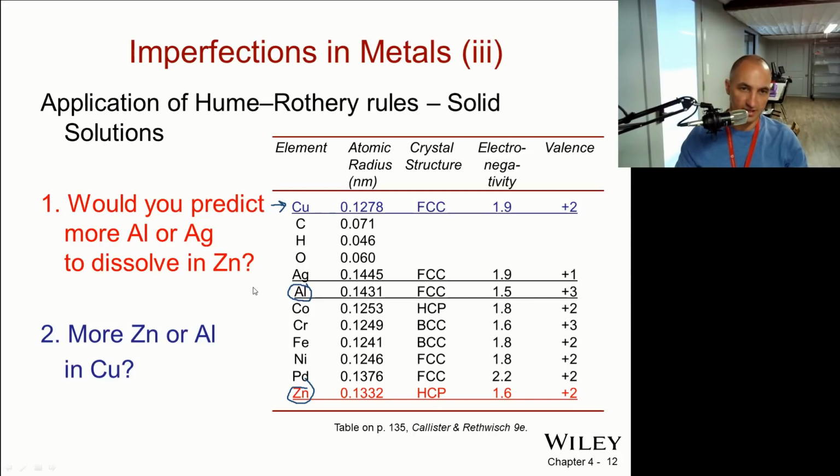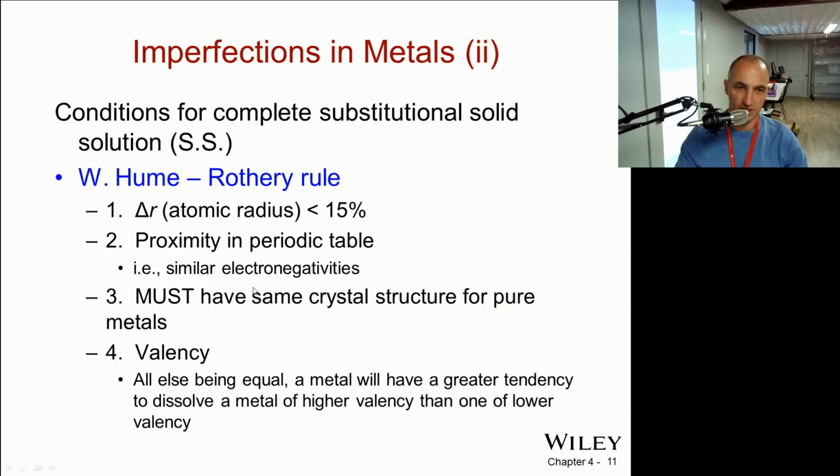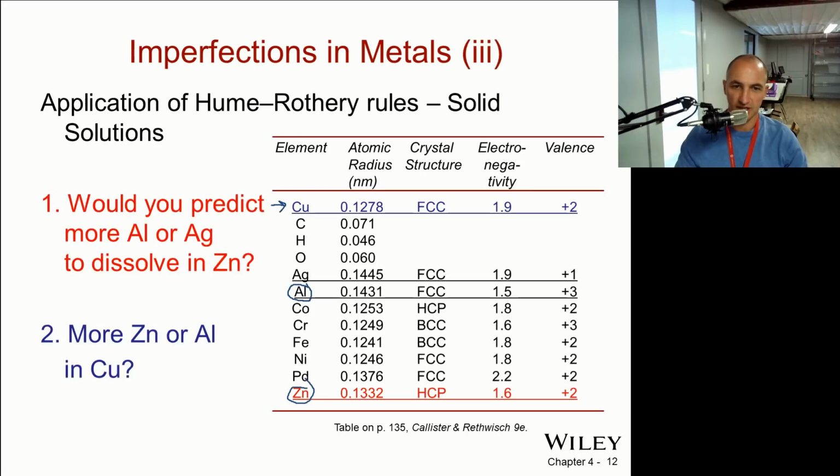So moving on, similar electronegativities. If you look at the electronegativity values at 1.9, 1.5, 1.9, 1.6, so zinc is favored for similar electronegativities.